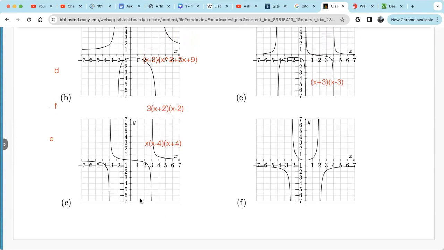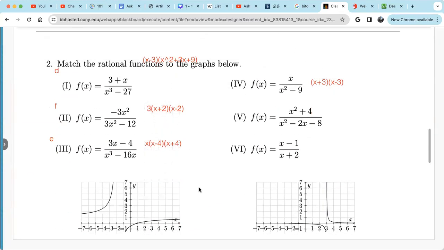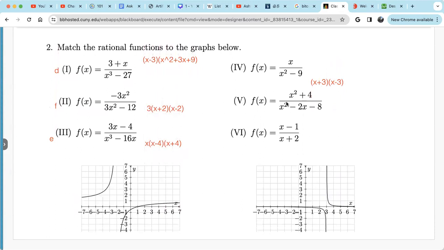Right here, C. You see vertical asymptotes at -3 and at 3, right? So 4 is C. Let's write down C.